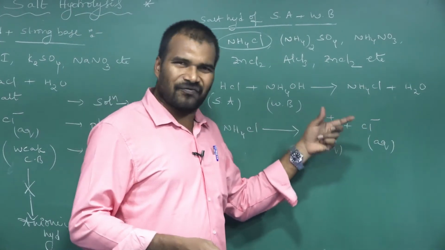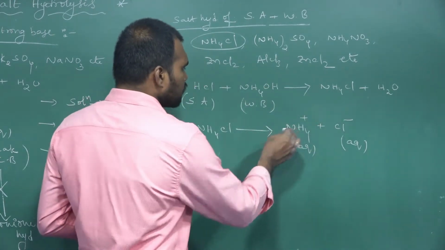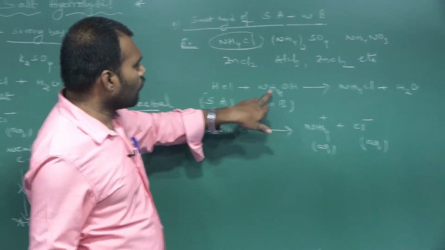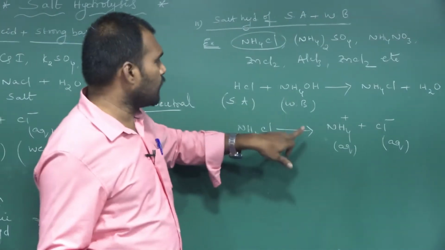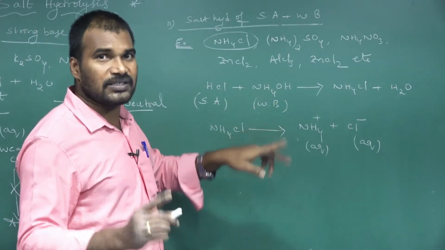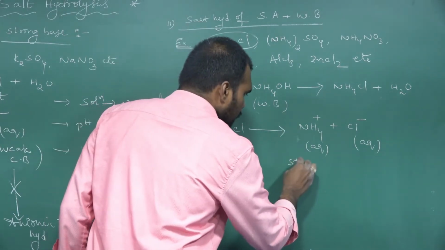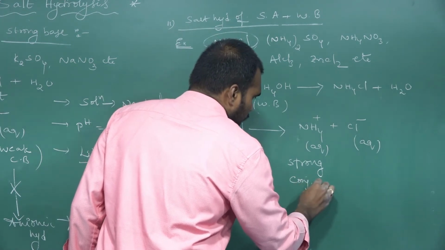Are they weak ions or strong ions? Let us check. NH4 ion is a conjugate acid coming from a weak base. So the conjugate species which are coming from weaker acid or base is always strong. So NH4 plus ion is a strong conjugate acid.